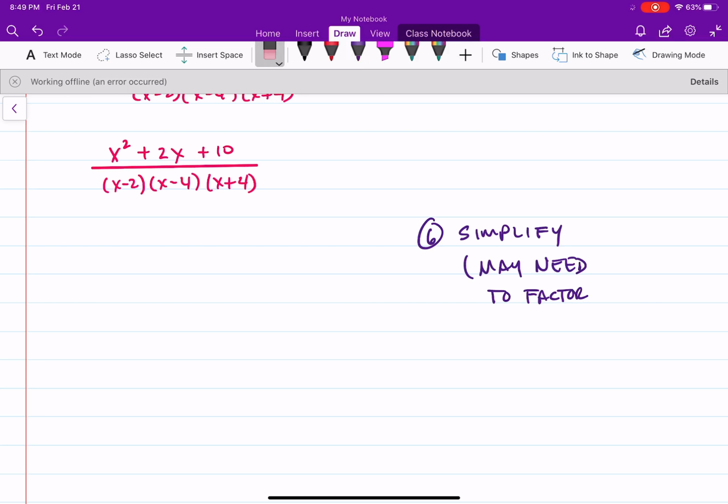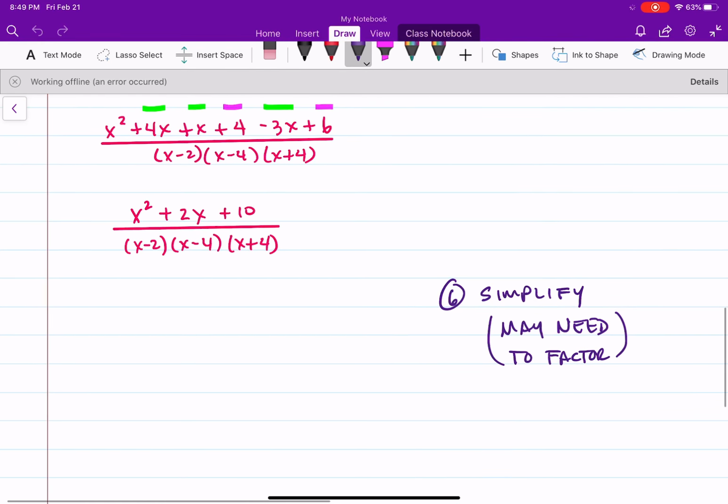So what do I mean by that? If you notice that the top is a trinomial, and since the top is a trinomial, I need to try to factor it. Even if it's a binomial, you still got to ask yourself, is it the difference of 2 squares? If it's 4 terms, you're going to have to see if you can do factor by grouping.